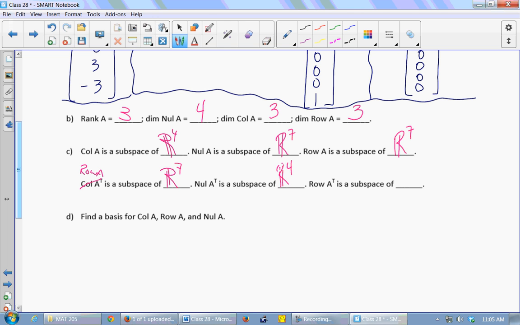And the row space of A transpose, where does that live? R4. How do you know that? What could I replace the row space of A transpose with? Column space of A. And we already answered that, R4.